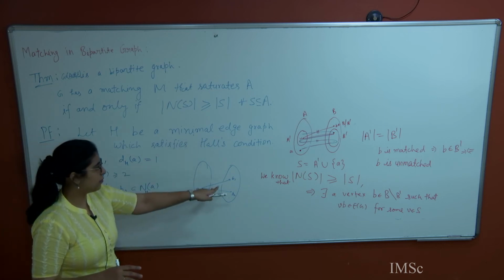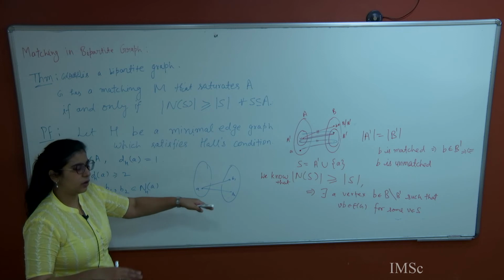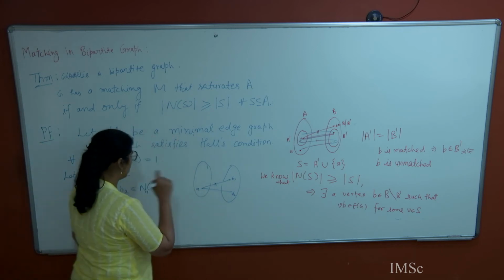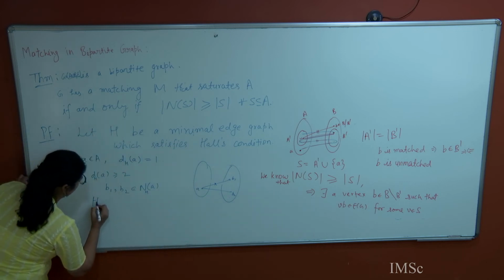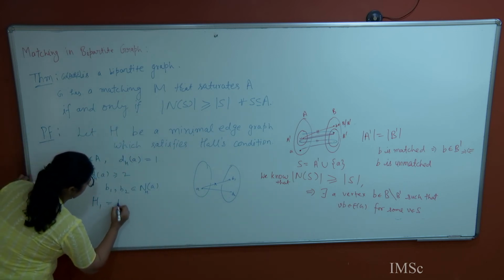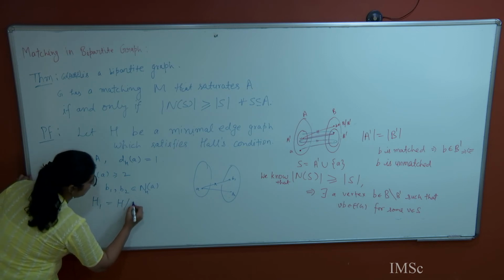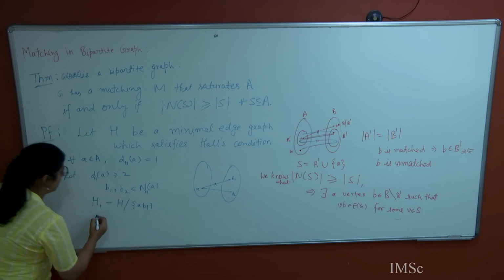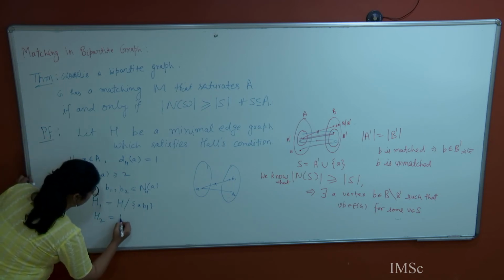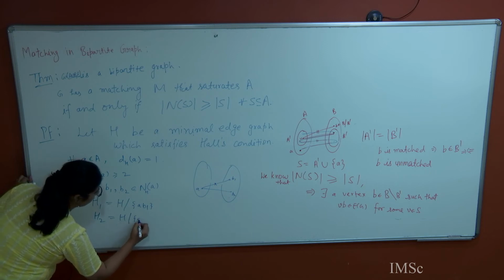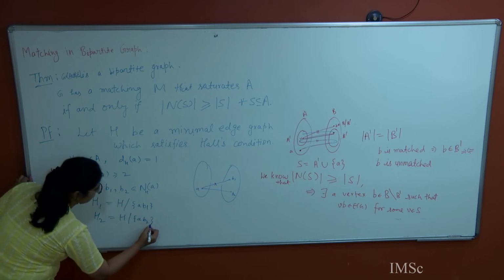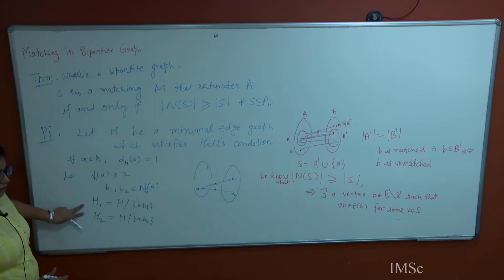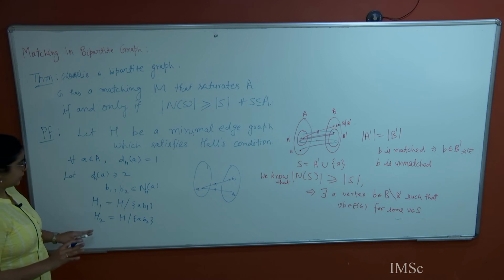That means if I remove any edge, then Hall's condition should fail. So, I will take a subgraph H1 by removing the edge A B1. Similarly, I make another subgraph H2 by removing the edge A B2. Now, for these graphs Hall's condition should not be satisfied.